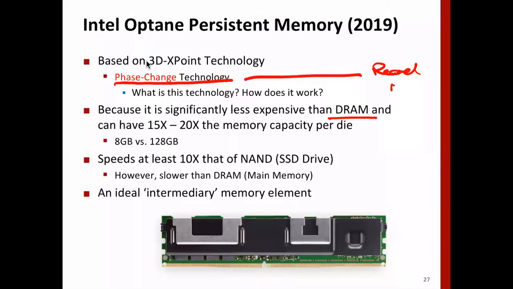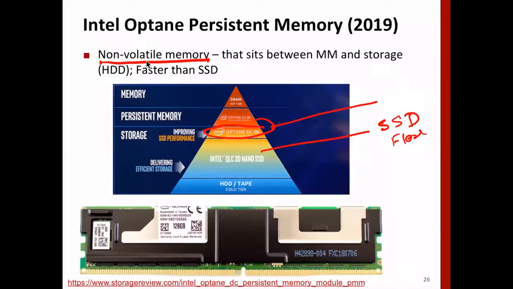DRAM is main memory, we'll look at that. It's 10 times faster, meaning the time to read is 10 times lower than that of a NAND drive or SSD drive. So it's better in terms of access time than SSD.